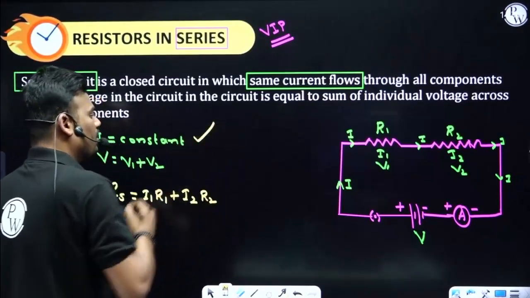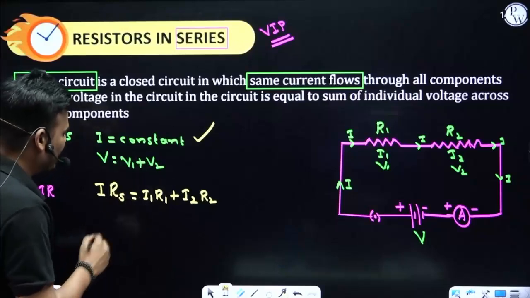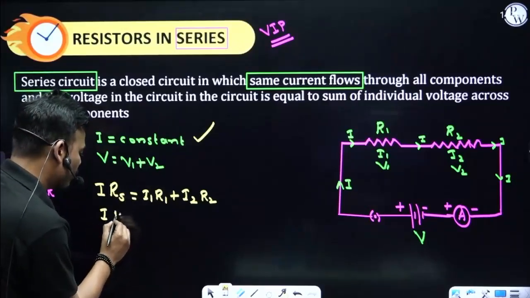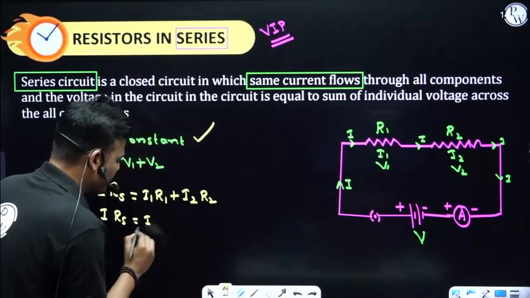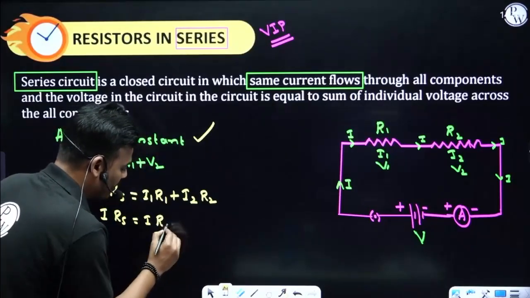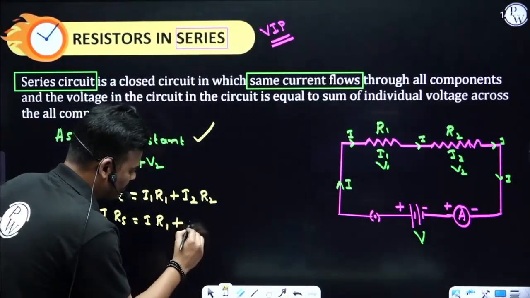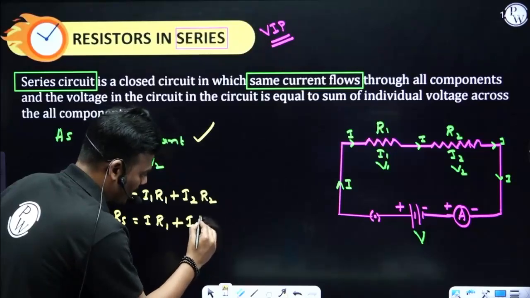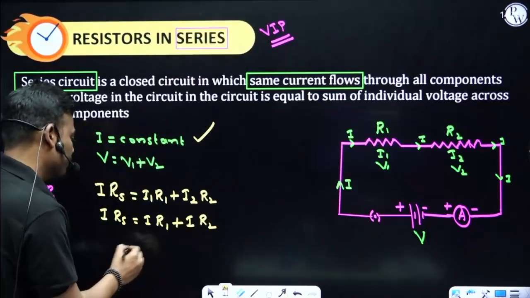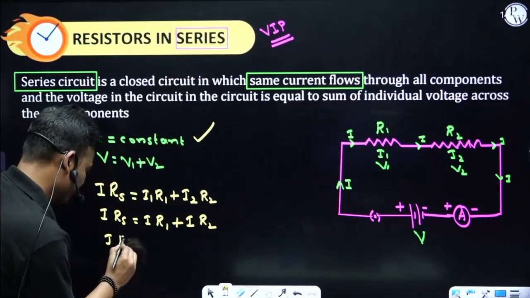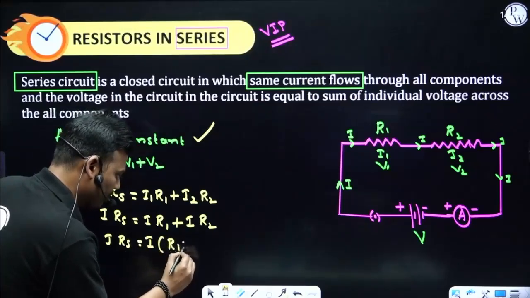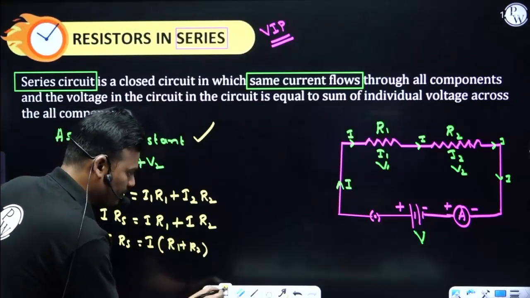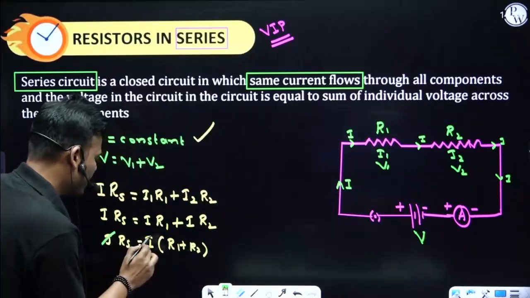As the current is the same, I1 and I2 are both I. So I Rs equals I R1 plus I R2. On the right hand side I is constant, therefore take it outside: I times R1 plus R2, and here I and I get cancelled.